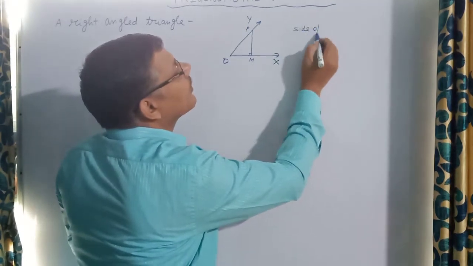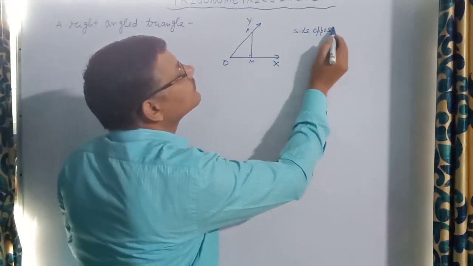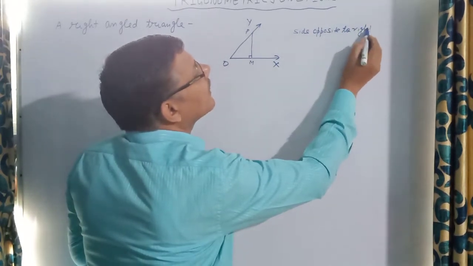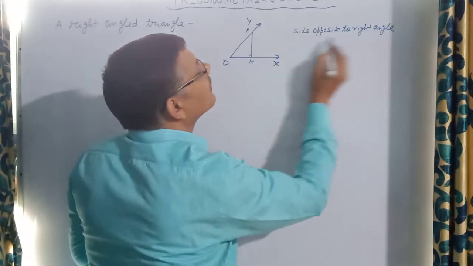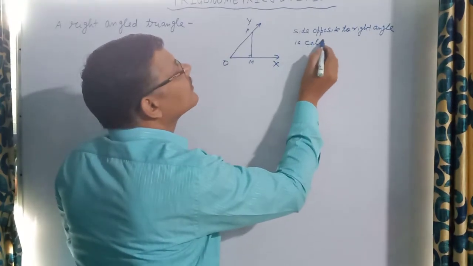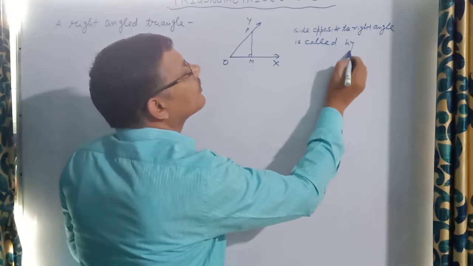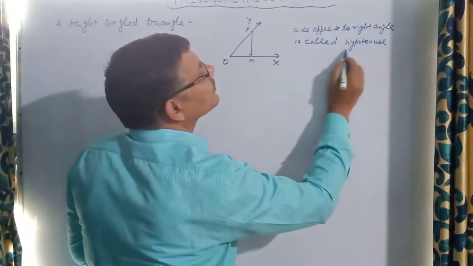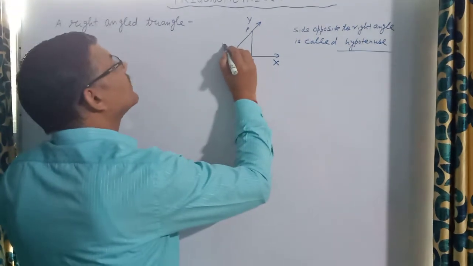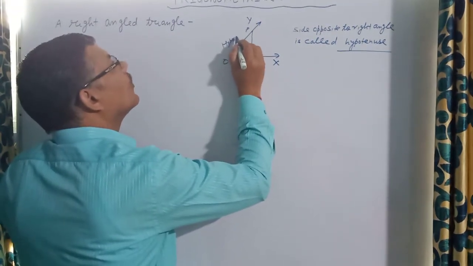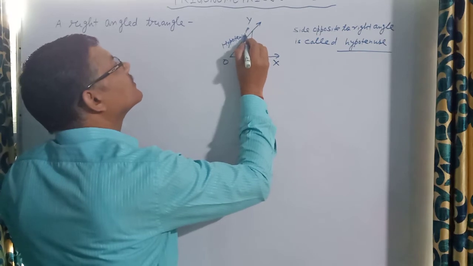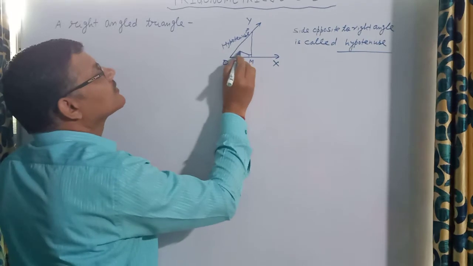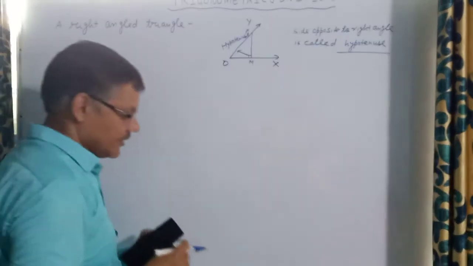The side opposite to the right angle is called hypotenuse. So this is called hypotenuse. Okay? This is the side opposite to the 90-degree angle.